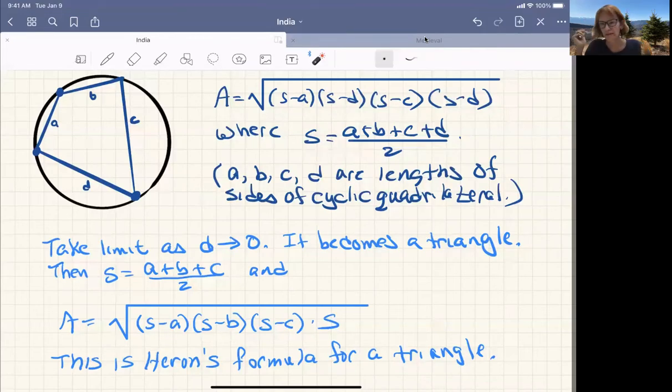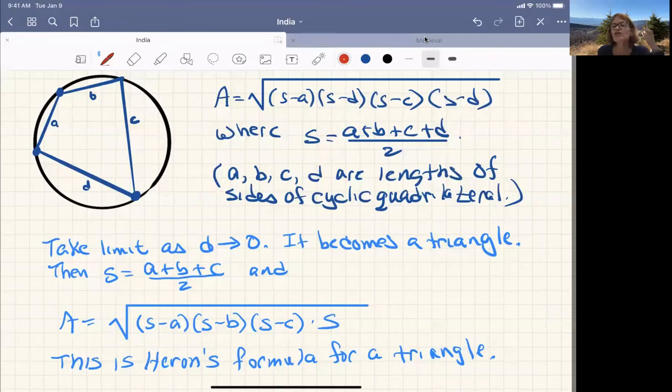So Heron was an earlier Greek mathematician. So the amusing thing about this is that it gives you a way to calculate the area of a triangle knowing only the lengths of the sides.